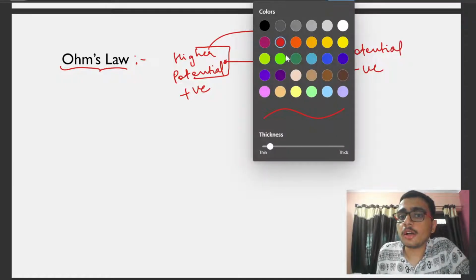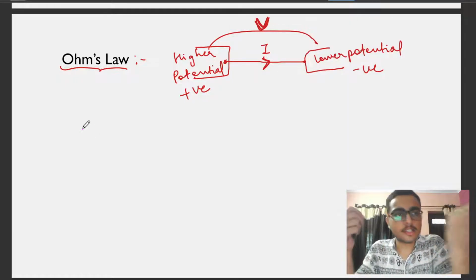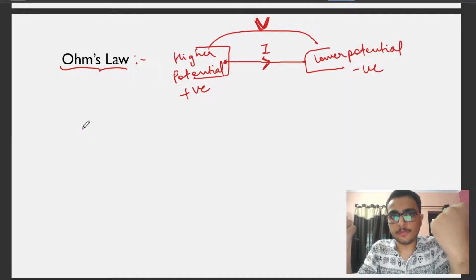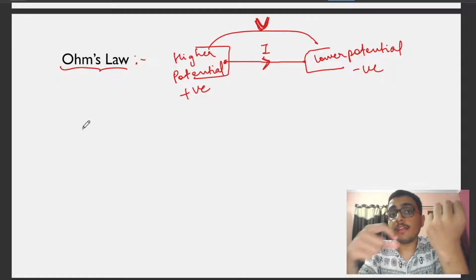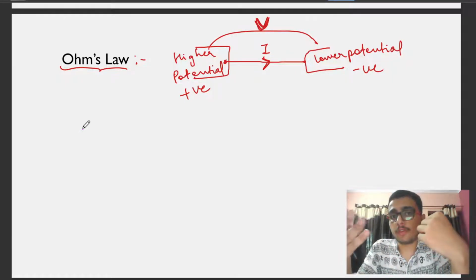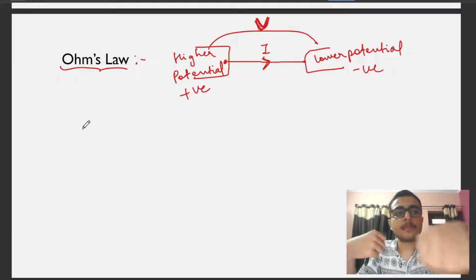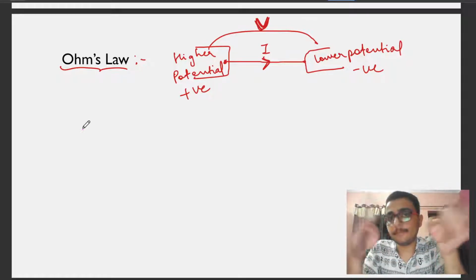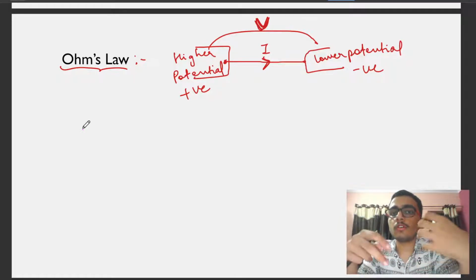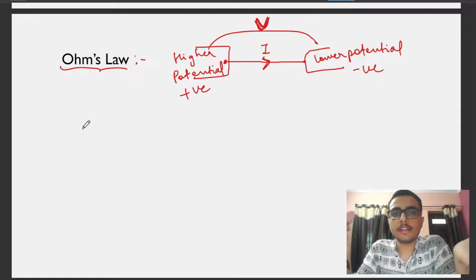Difference in potential be V. Why am I talking of the difference? Now let me explain it. If I say this is a rich fellow, this is a poor fellow, the person with more wealth is this. But if we want to compare how much more wealth, say this person has 100 rupees, this is 10 rupees, so he has 90 rupees extra.